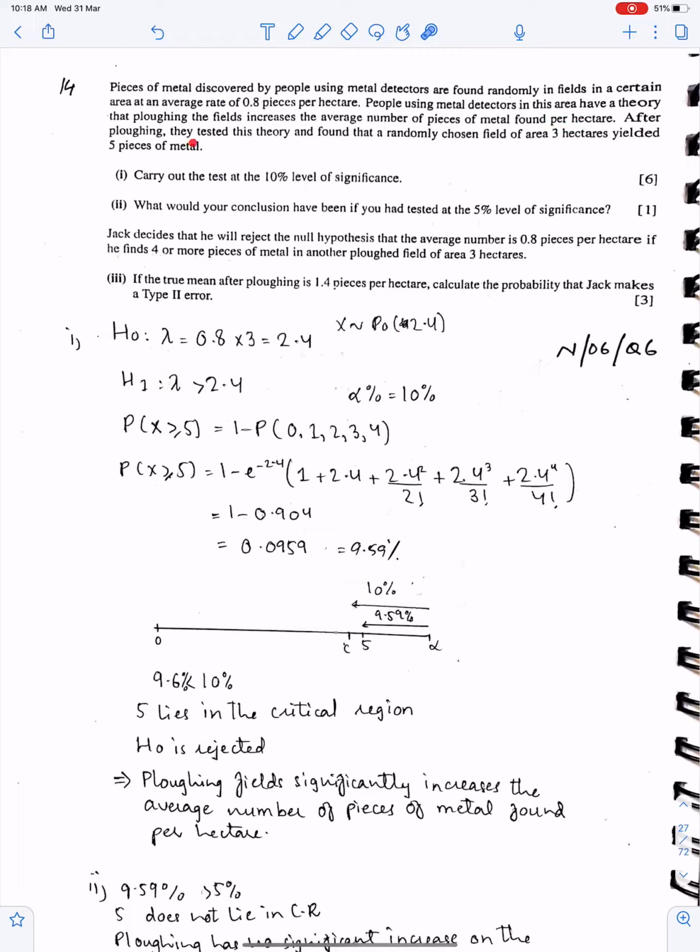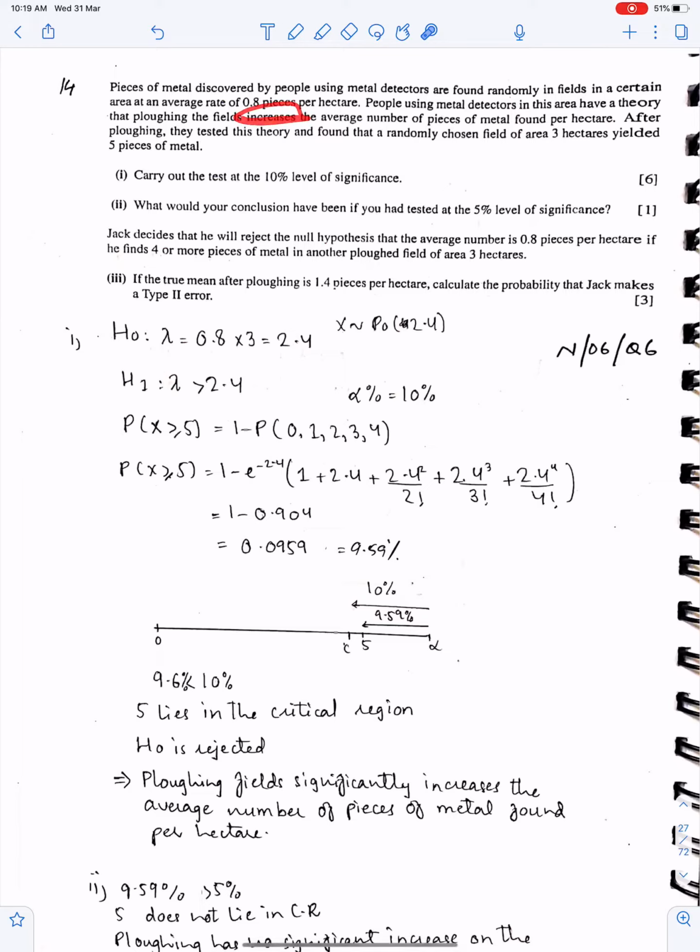They tested this theory and found 5 pieces in a random 3 hectares. So 5 is the test value, and for 3 hectares you multiply 3 with 0.8. So lambda is 2.4, and H1 is lambda greater than 2.4.